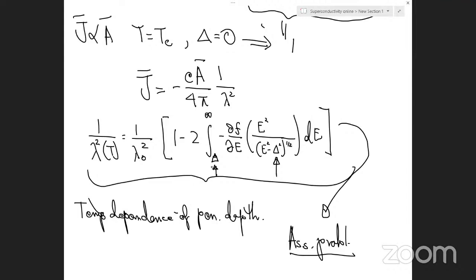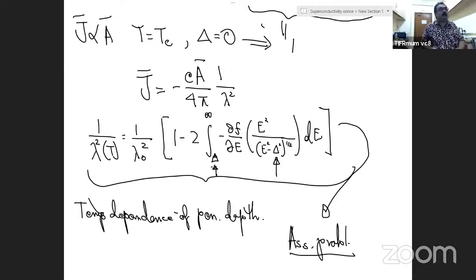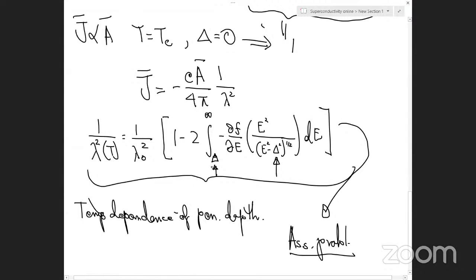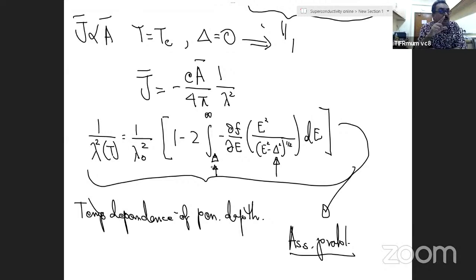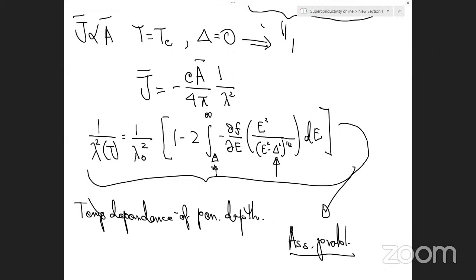Sir, I want to point out something about the slides. Am I audible, sir? Yeah. In the expression of the temperature dependence of penetration depth, inside the integral, it will be E by root over E square minus delta square, not E square, sir. Yes, in this expression that you are seeing now. It will be within the integral sign.